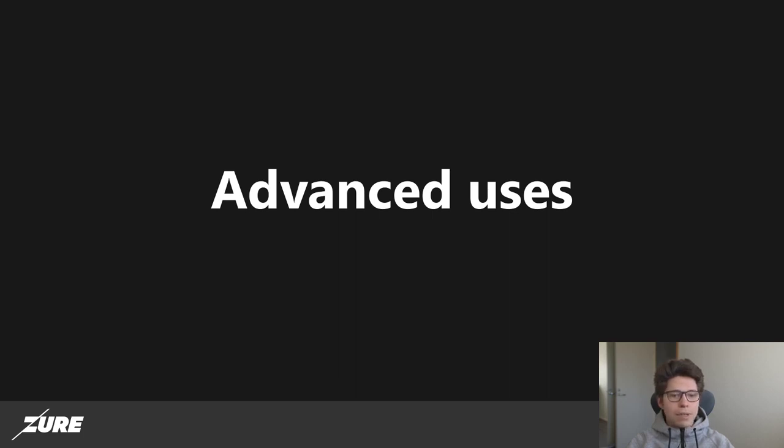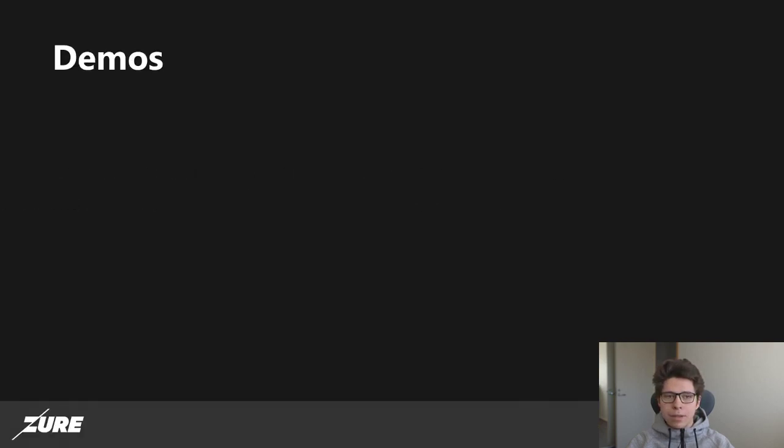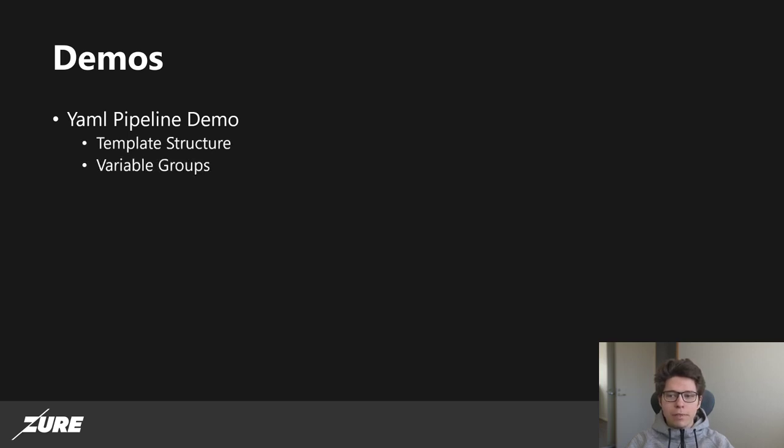So I have some demos for you still. First of all, we have a YAML pipeline demo, which goes through some of these steps. So template structuring, more of that. Some variable group stuff, how to utilize them. Then pipelines as resources.